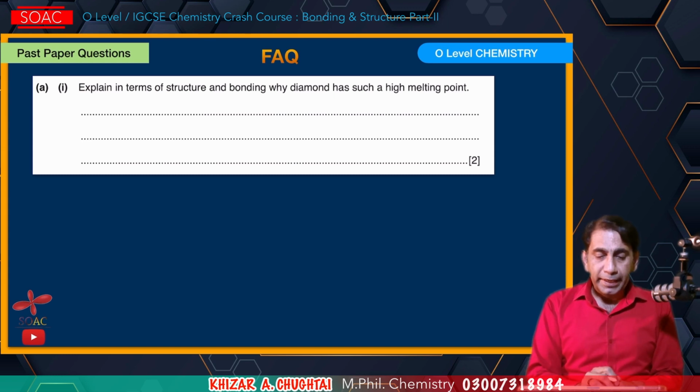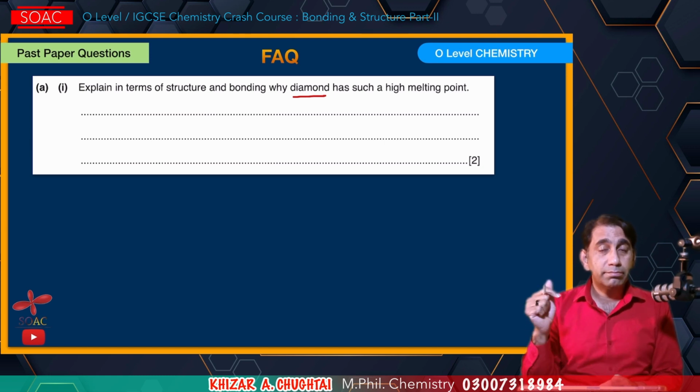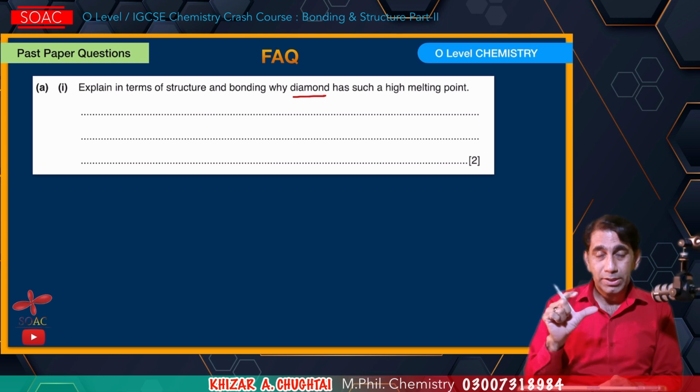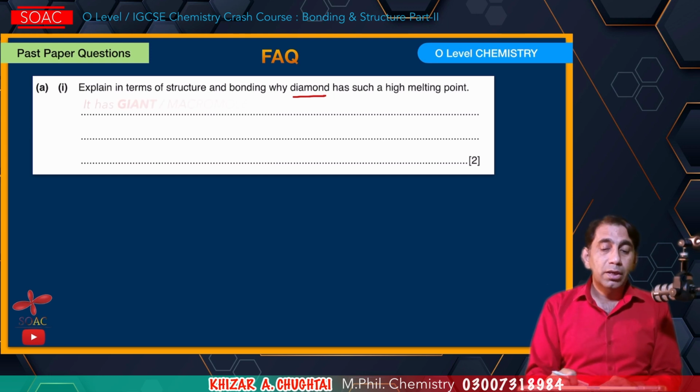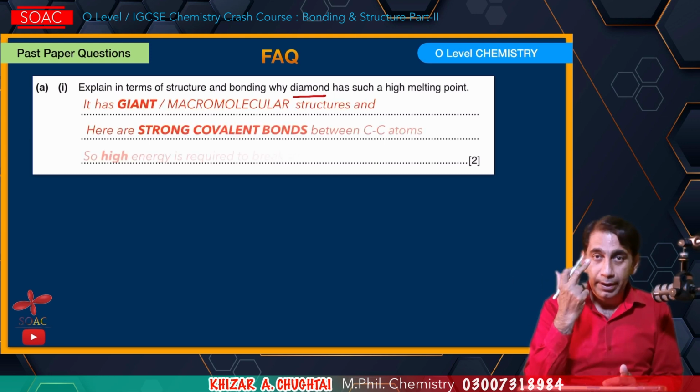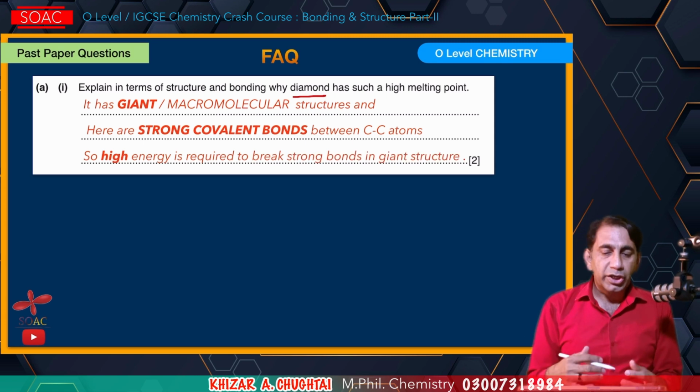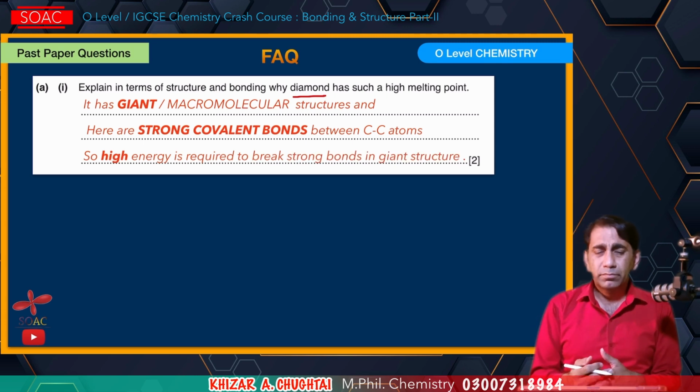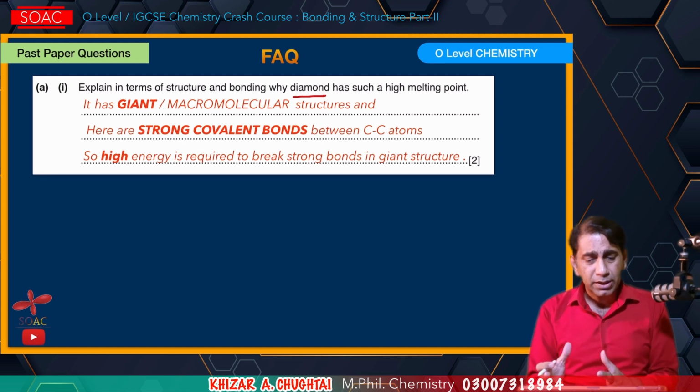Next question: explain in terms of structure and bonding why diamond has such a high melting point. Again, what is the nature of diamond? Diamond is a giant macromolecule, and it has strong carbon-carbon bonds, the strongest carbon-carbon bonds. It is a giant macromolecular structure.